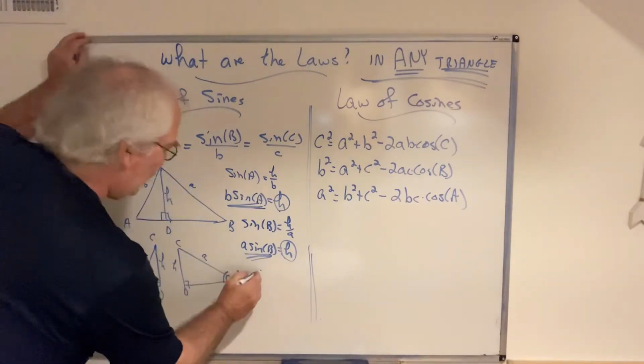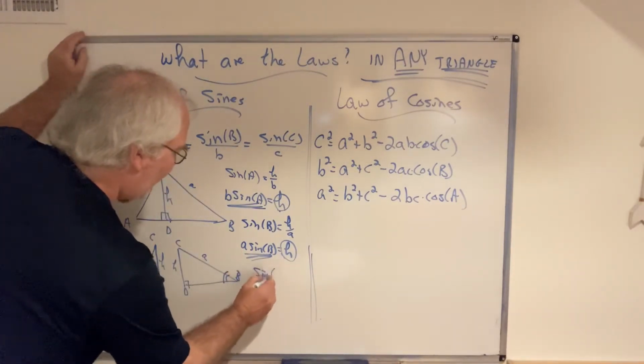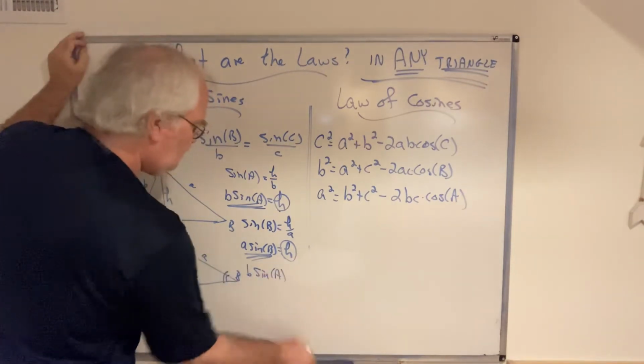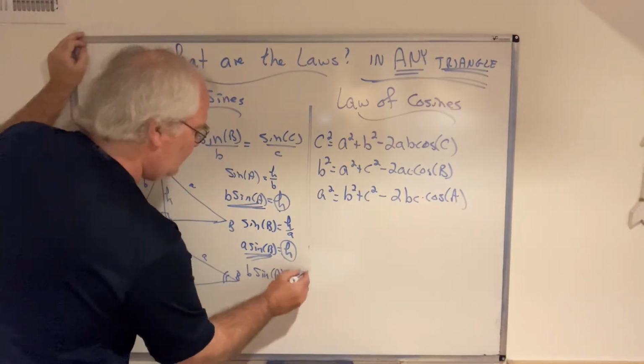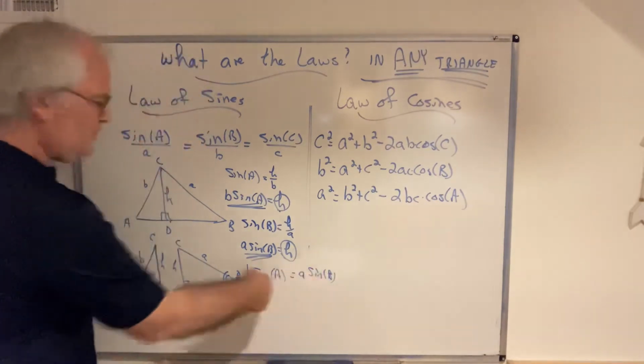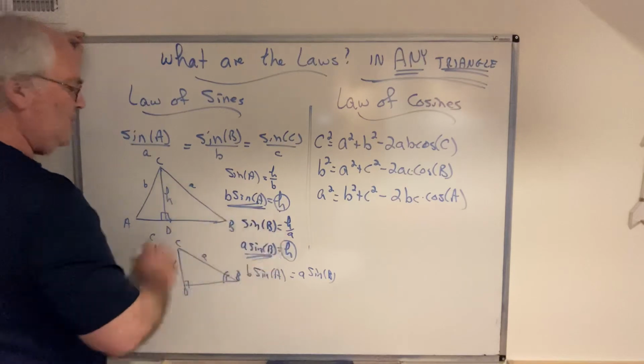So we have sine of A times b is equal to a times sine of B. We know those must be equal because they're both equal to H.